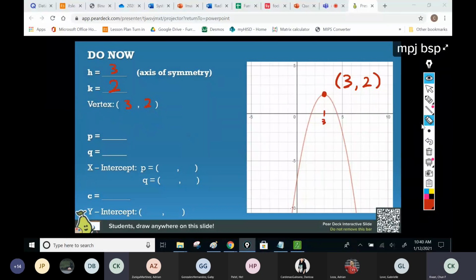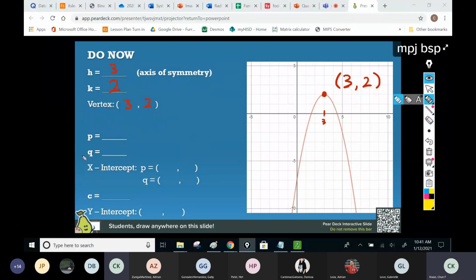And the 3 also happens to be the axis of symmetry, where you cut graphs in halves right here. So when you find a vertex, you automatically find the axis of symmetry as well.